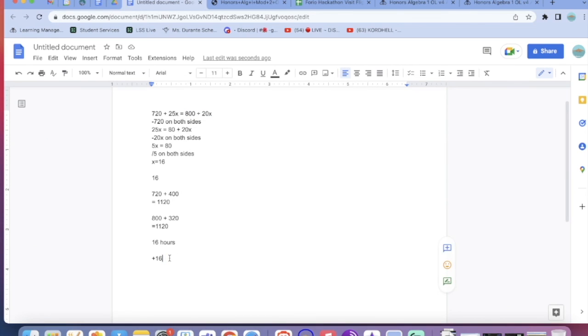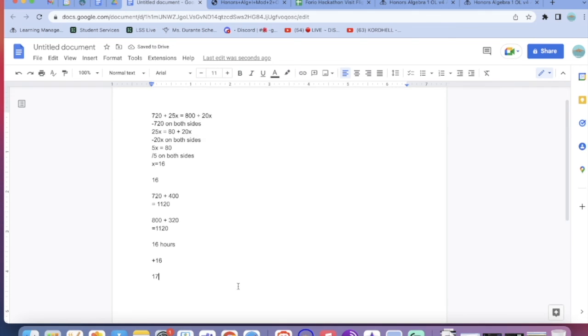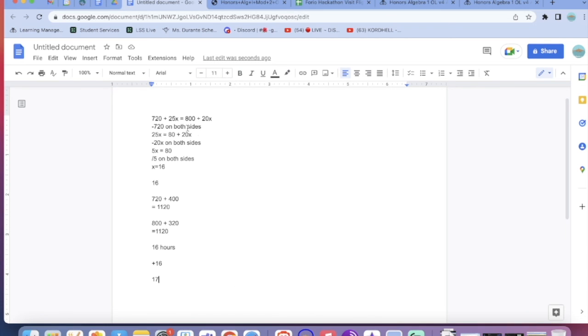To prove this, since we know it's the same at 16, we can try something higher than 16, so 17 would be an example. We can plug this into the equation and find that the Moving King Company is actually going to be more expensive than the McMoving Company.